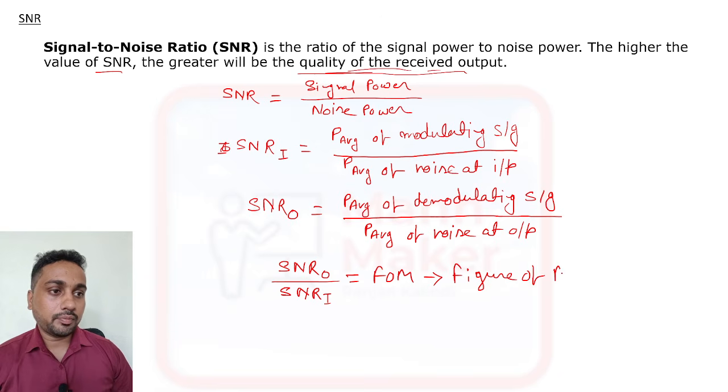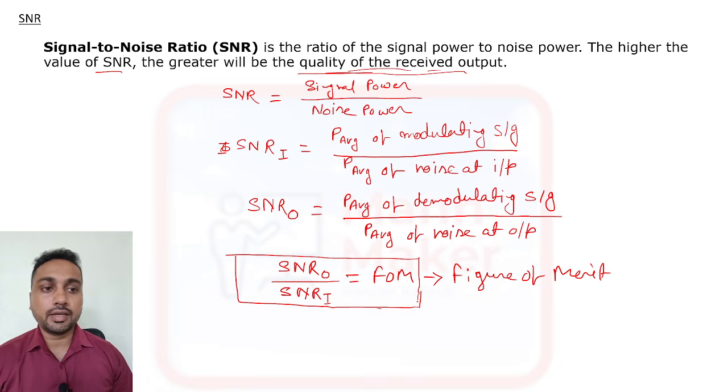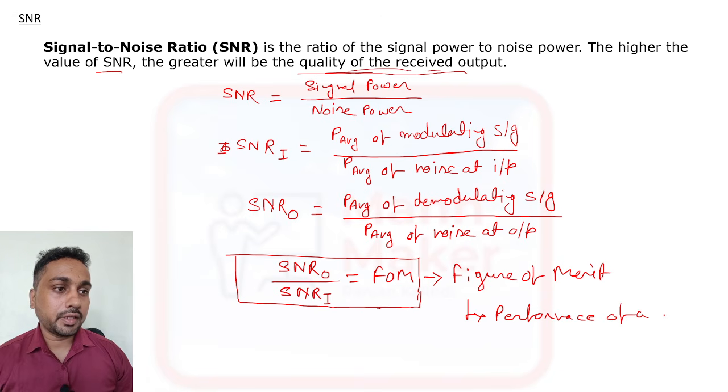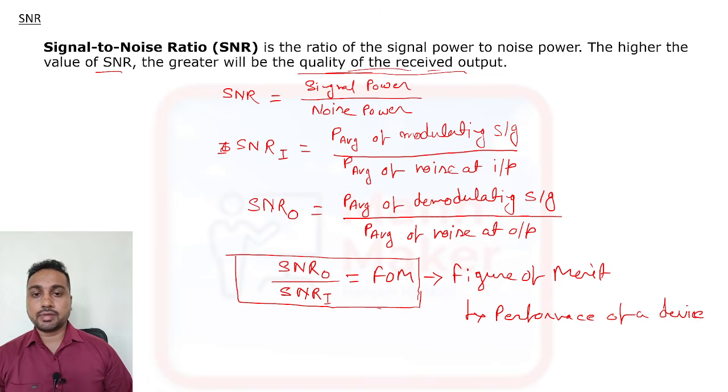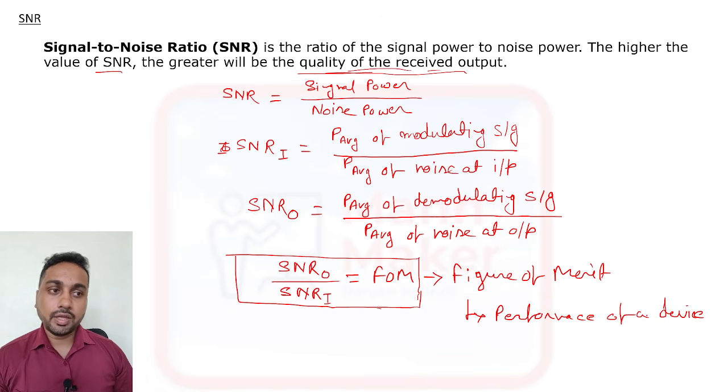The figure of merit is the ratio of output SNR to the input SNR. It is used to check the performance of a device. To check the performance of a device, we will calculate the figure of merit.